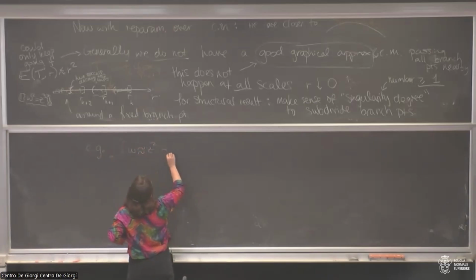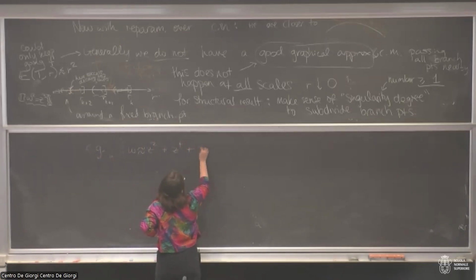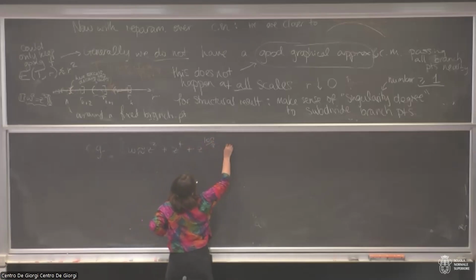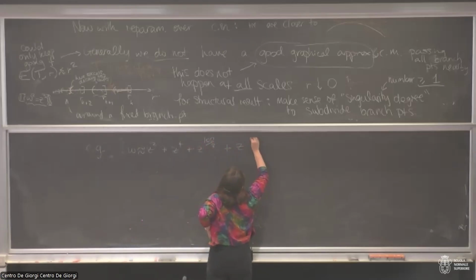I want to say that my surface is like W = Z squared, Z to the 4, plus maybe you have the same guy here. You can also have other terms.